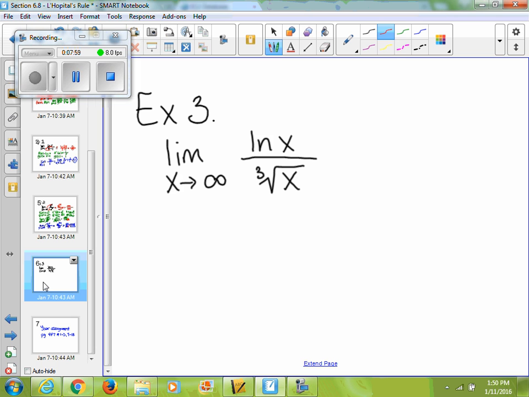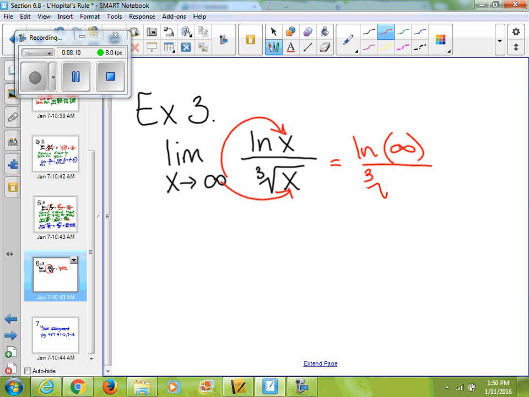If I plug in infinity for each of these, I get the natural log of infinity divided by the cube root of infinity. Natural log of infinity is just infinity. Cube root of infinity is a slightly smaller infinity. So I get infinity divided by infinity. So I have indeterminate form.